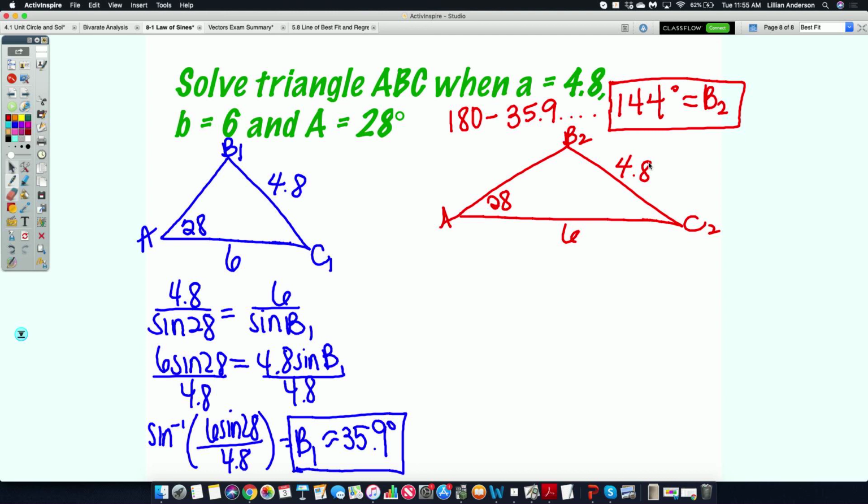When I add that new angle of 144 and 28 together and subtract it from 180, I do indeed end up getting an angle C, which is 7. Do not use the rounded answer. 7.93.